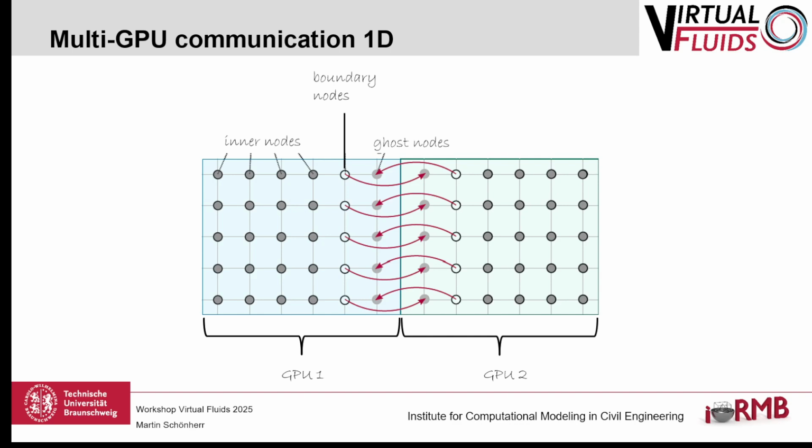Depends on if you have a fine grid, because the coarse grid always has to wait for the fine grid. So when you think about load balancing, you always want the same amount of fine nodes on every GPU. But this is maybe a problem we can talk about for several days.